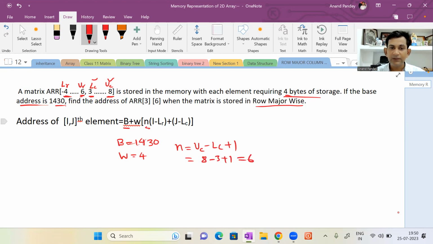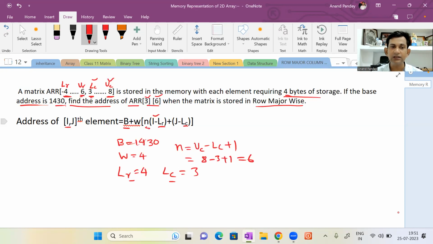Then LR and LC. Just take it from here, LR equal to 4 and LC equal to 3. First row number, first column number. Now we have all the values. Here it is said to find the address of ARR36, the i, jth element, 3, 6th element.